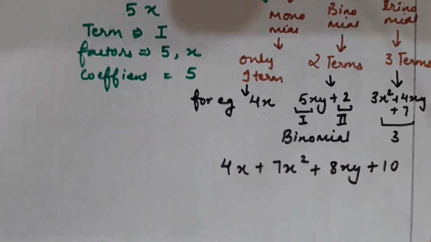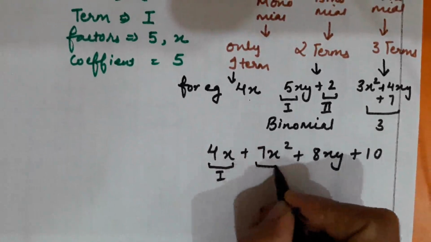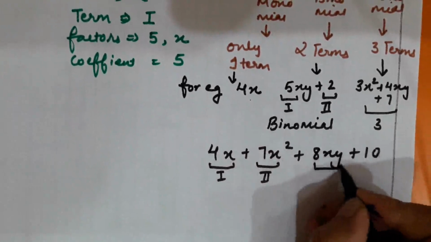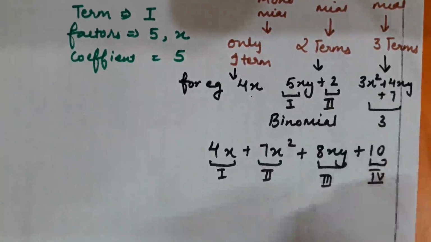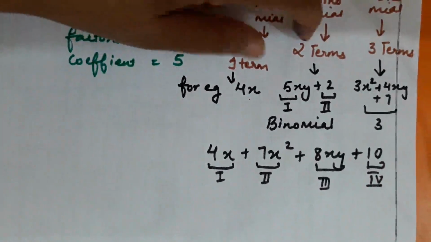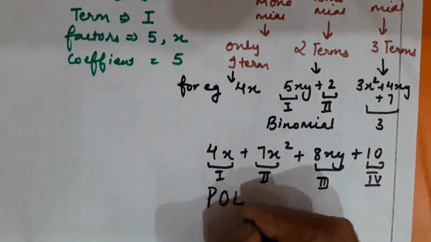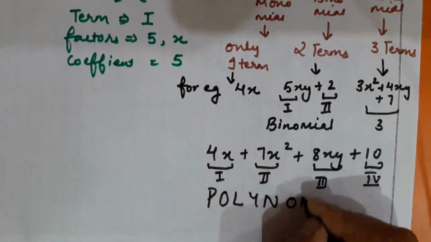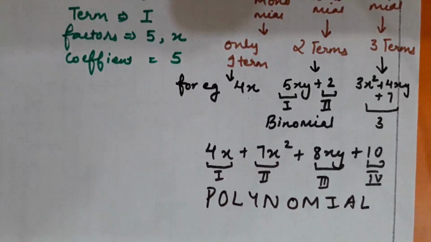Now number of terms in this: 1, 2, 3 and 4. So this example does not belong to any of these. So this is the example of polynomial. It comes in the category of polynomials only.